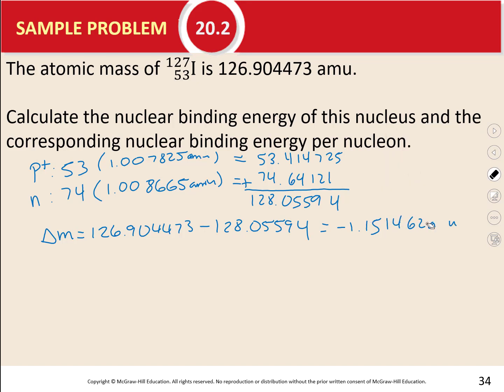So before we can plug this into E equals mc squared, what do we have to do with this mass defect? Good, turn it into kilograms. They go out.